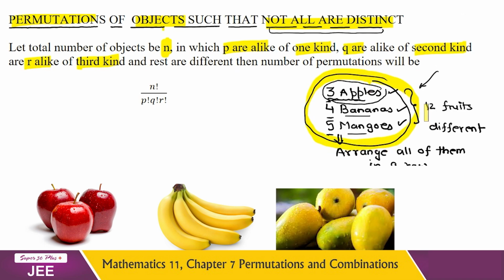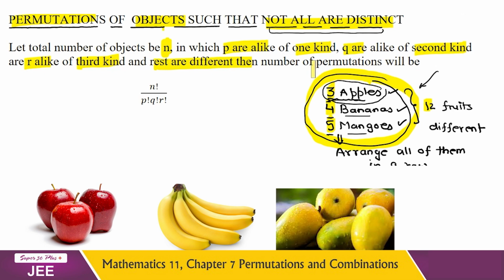Here n equals 12, p equals 3, q equals 4 and r equals 5. So you can relate it with the example written over here. So again we have n objects out of which p are alike of one kind, q are alike of the second kind and r are alike of the third kind, and the rest, that is the remaining ones, are all different.